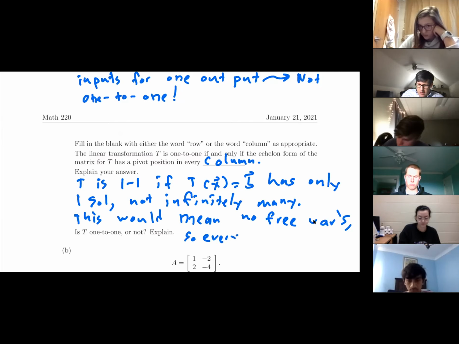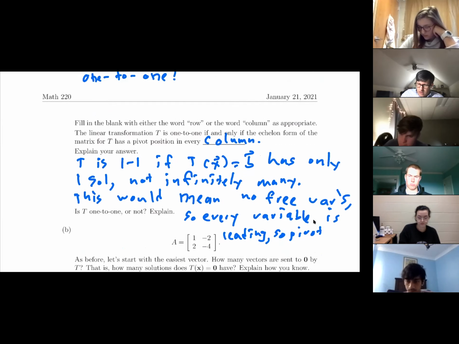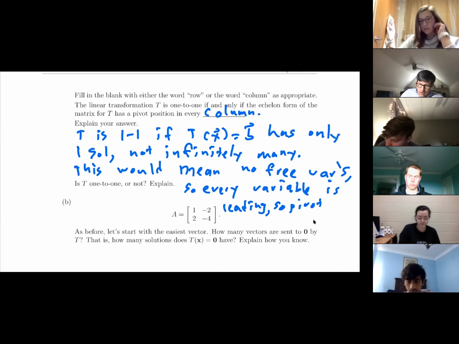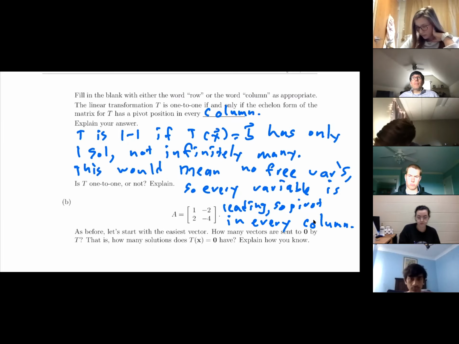So every variable is leading. So pivot, I'm running out of space, in every column. Okay.